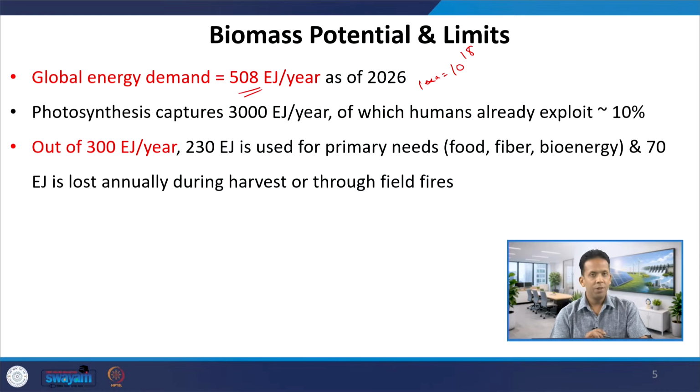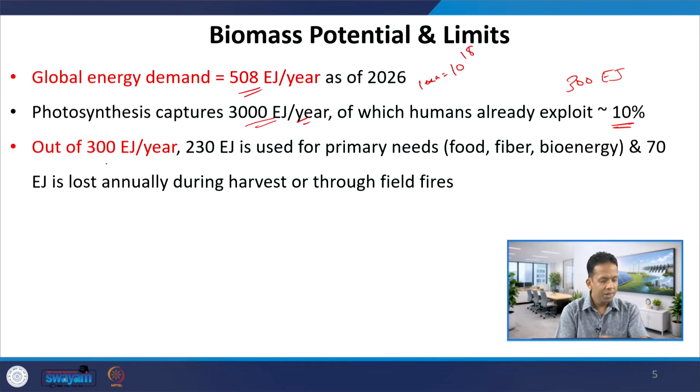And photosynthesis, which is the main process to capture solar energy into the food or into glucose through plants, captures 3000 exajoule per year, of which humans are exploiting or using 10% of it. So, 10% of 3000 is 300 exajoule.